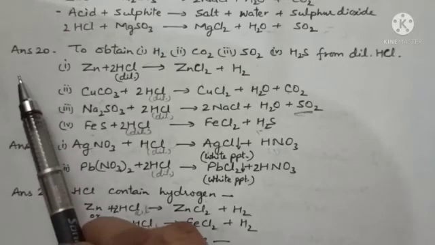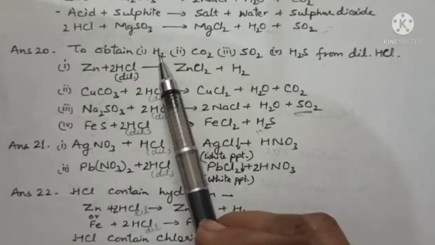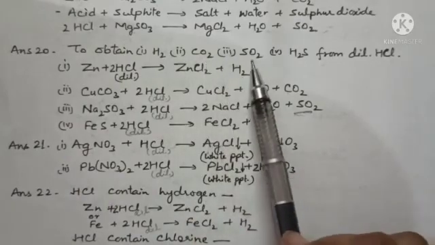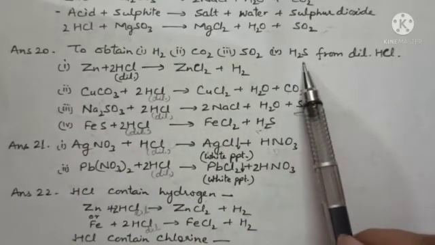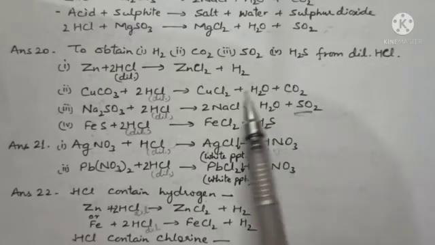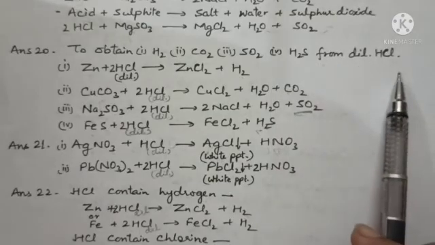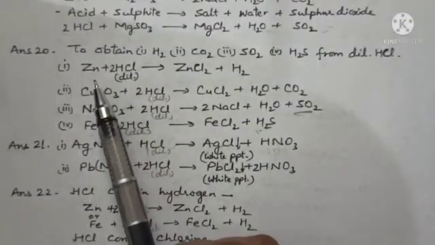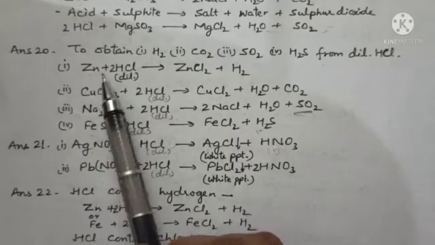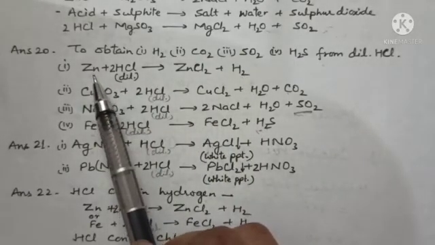Now your question number 20 is: give a balanced equation to obtain hydrogen gas, carbon dioxide gas, sulfur dioxide gas, and hydrogen sulfide gas from dilute hydrochloric acid. How will you get these gases from dilute hydrochloric acid? To get hydrogen gas, you take zinc, which is an active metal.